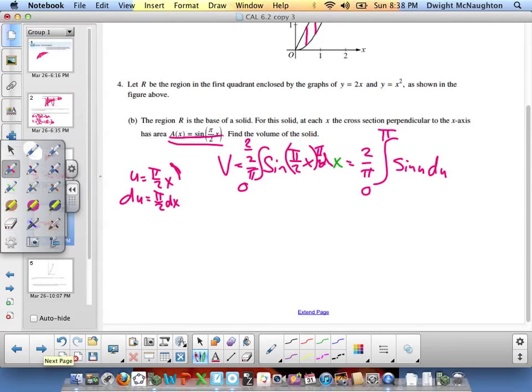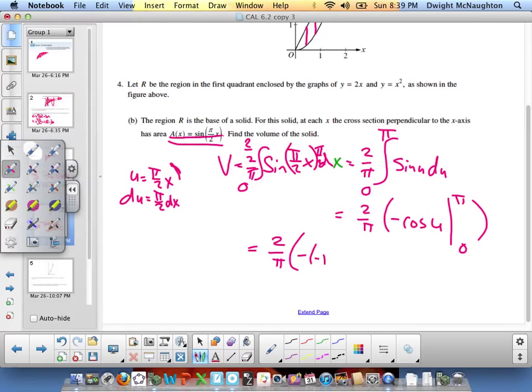All right, then as we continue, the antiderivative of sine is negative cosine from 0 to pi. Don't forget your 2 over pi. So we got 2 over pi, negative cosine of pi.